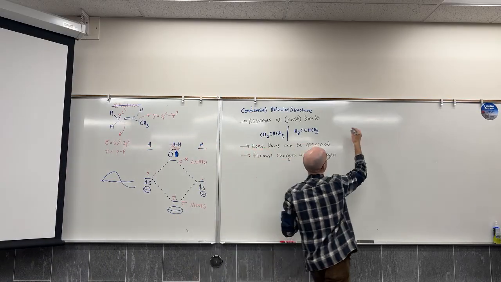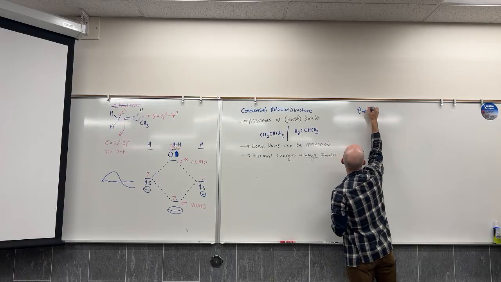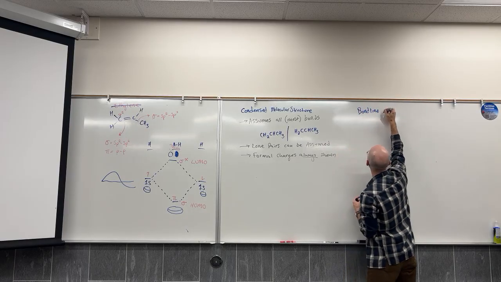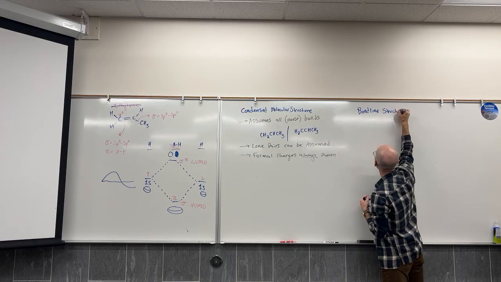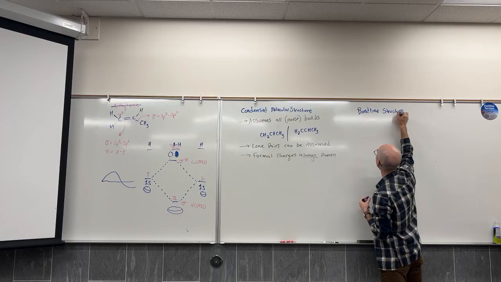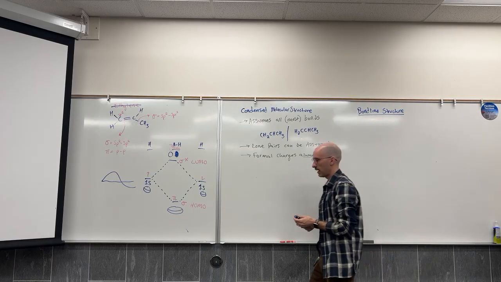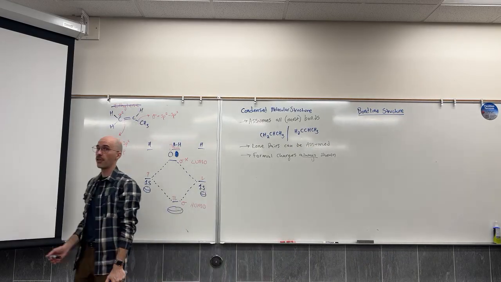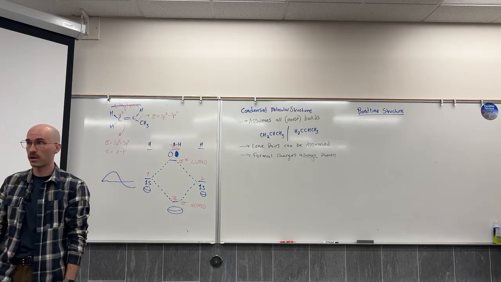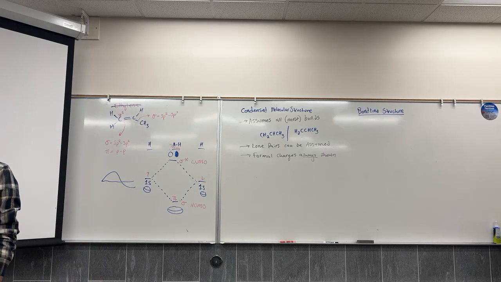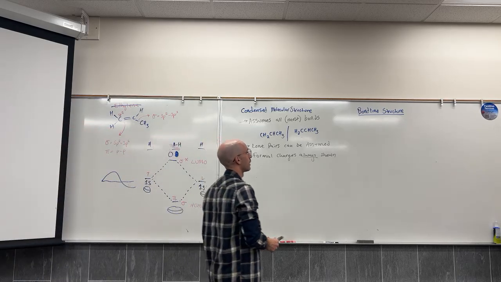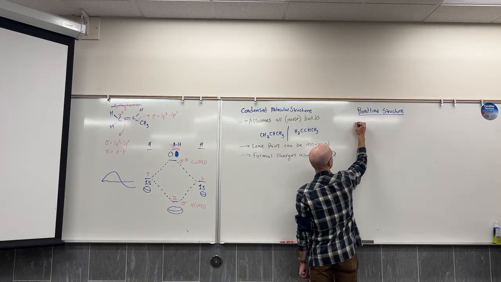The other type of structural communication that we'll use is bond-line structure, sometimes called skeletal structure. This is the one that I'll use the most, so it's the one that I really want you to practice with. There's a number of assumptions, and I'm going to list them.